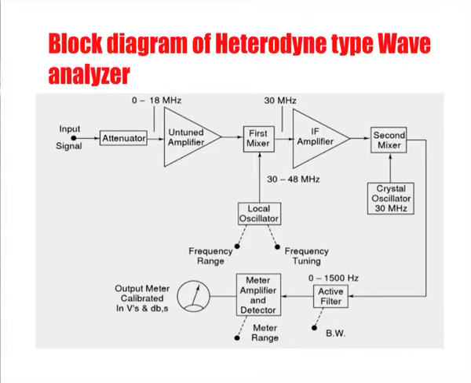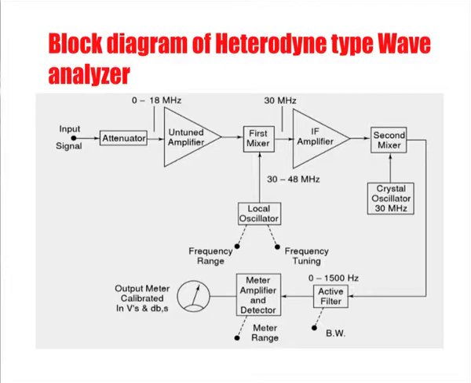Let the frequency generated by the local oscillator be F L and the frequency of the input signal be F I. Then the mixer produces an output which is F L minus F I.